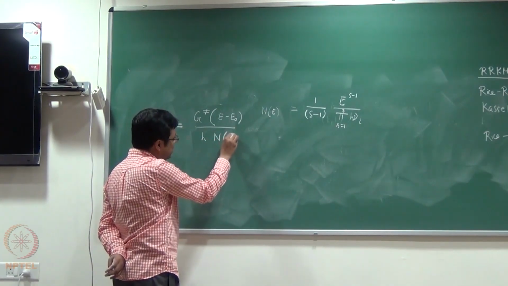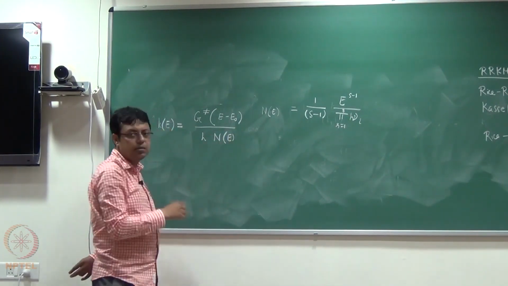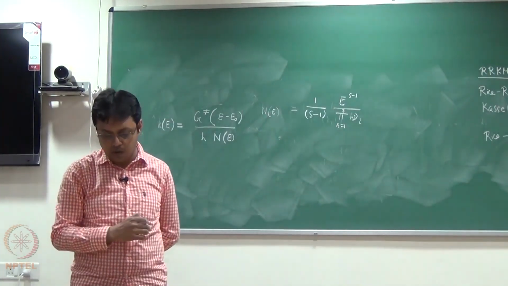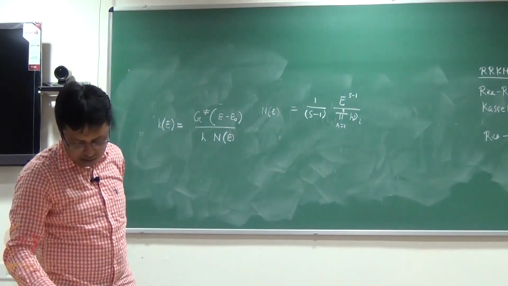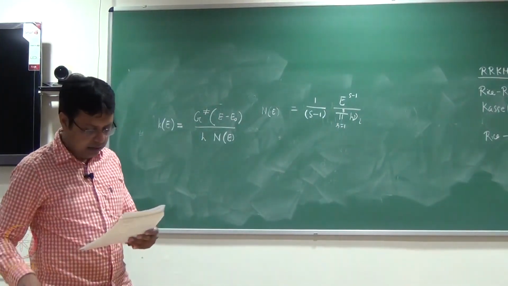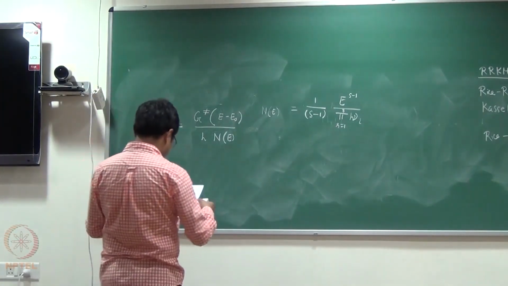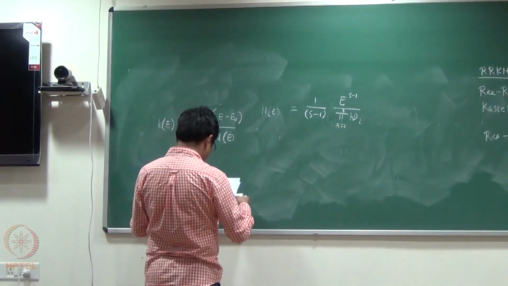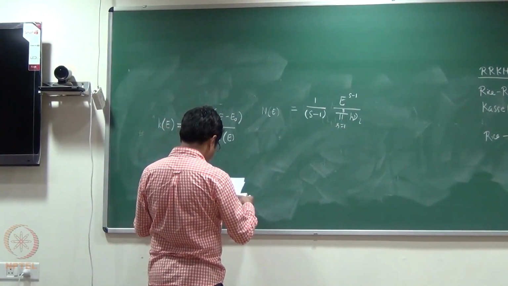this quantity. Now, what is n? N is basically the density of state for the entire thing. Let me just write it here.